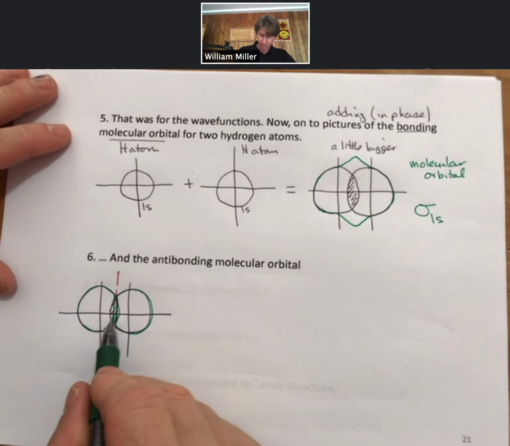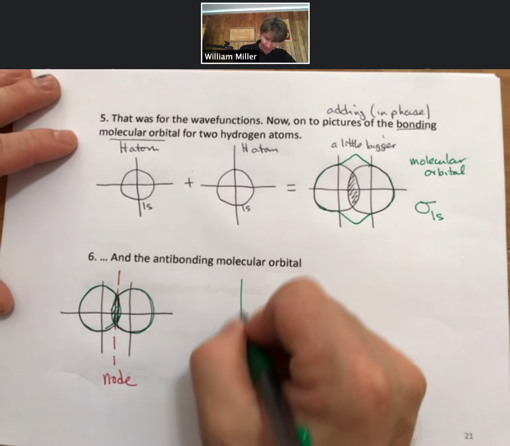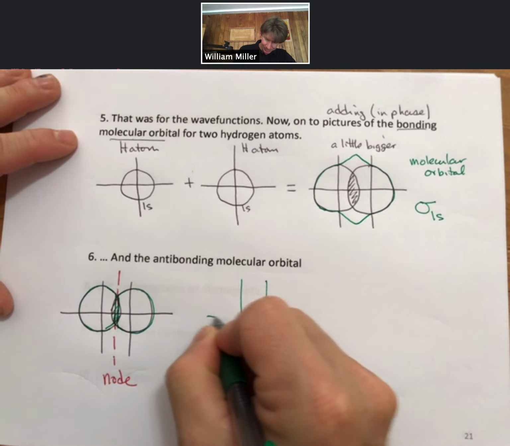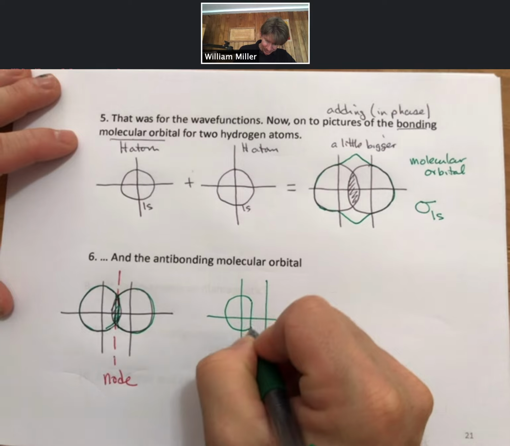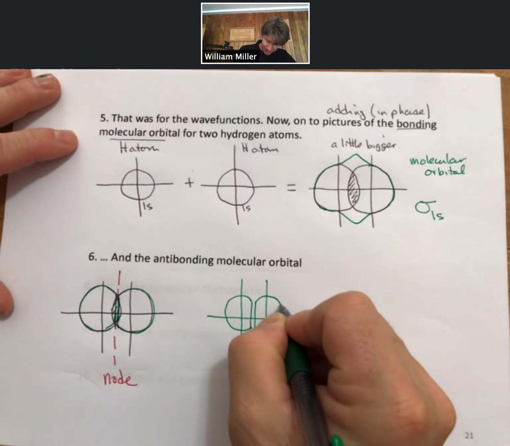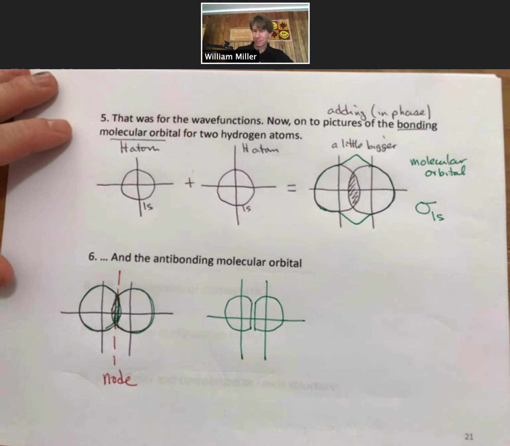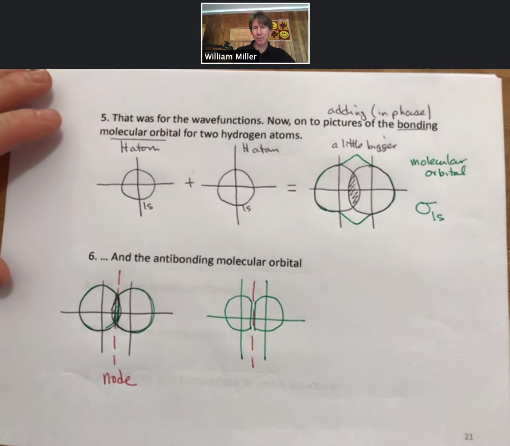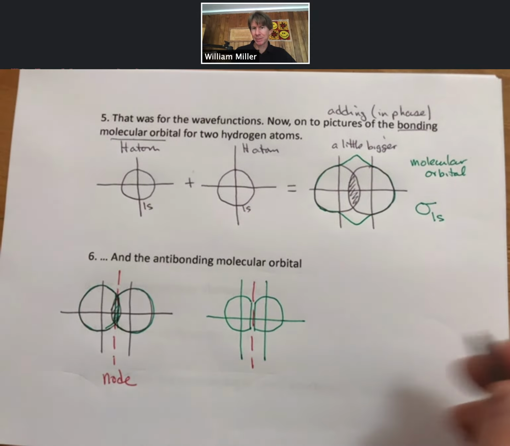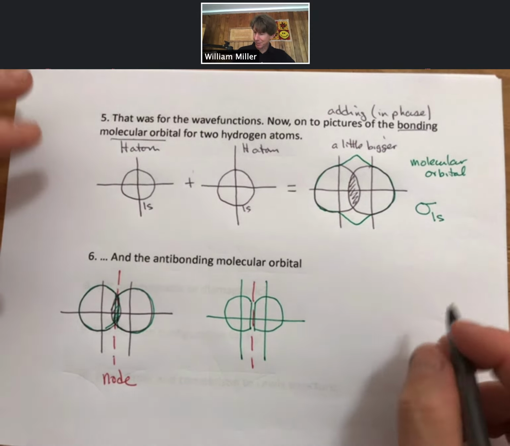And so we subtracted them. Let me draw this again over here. Something like this, with a node in the middle, because we've subtracted the area where it overlaps. Something like that.